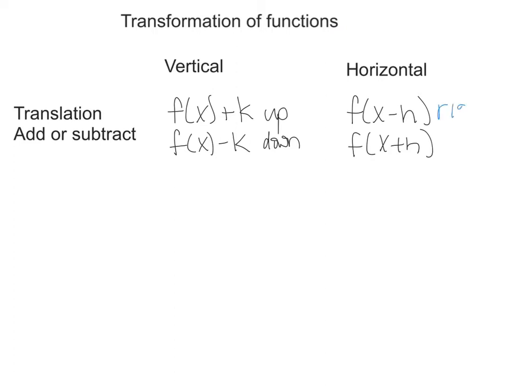It went right. And when it's x plus a number, it went left. Opposite of what we think, right, should happen. We want to say if I'm subtracting, I should go to the left because negative numbers are to the left. But it does the opposite for the horizontal.